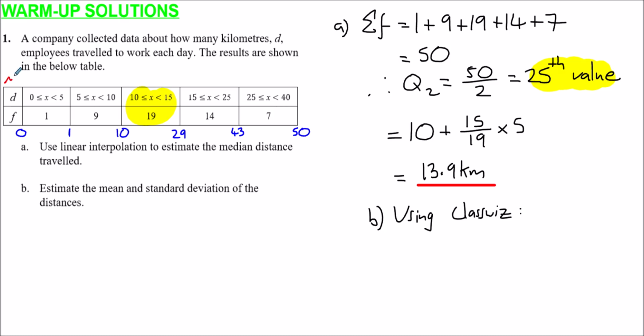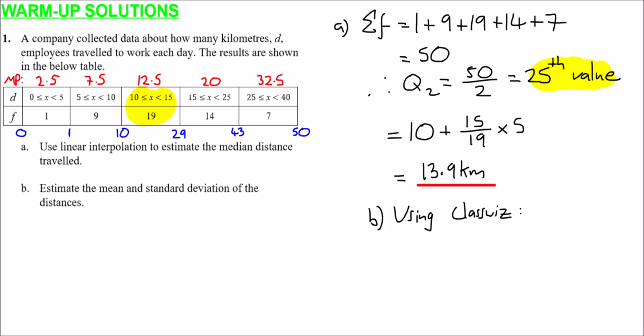So if we work out the midpoints here first, halfway between 0 and 5 is 2.5. Halfway between 5 and 10, 7.5. Next midpoint is 12.5. Between 15 and 25 is 20. And this final midpoint here is 32.5.